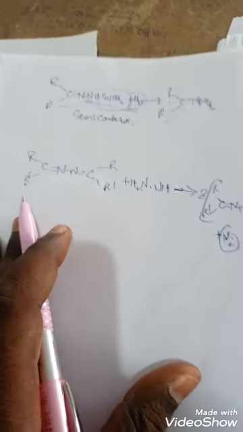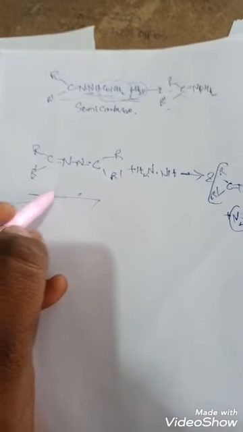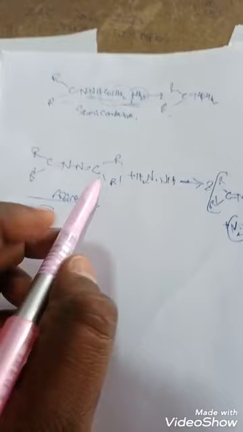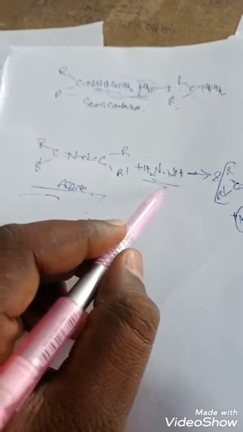So what happens? This azine is converted into NH2 NH2. This hydrazone forms.